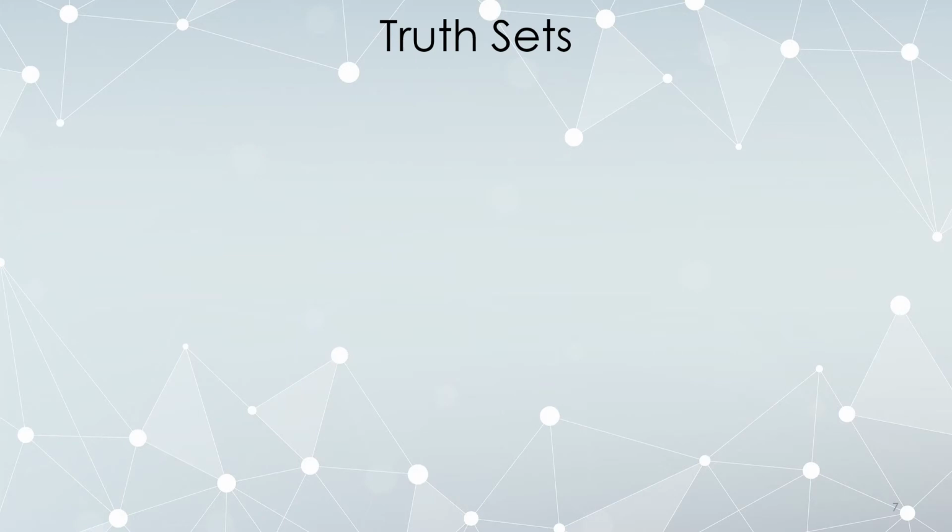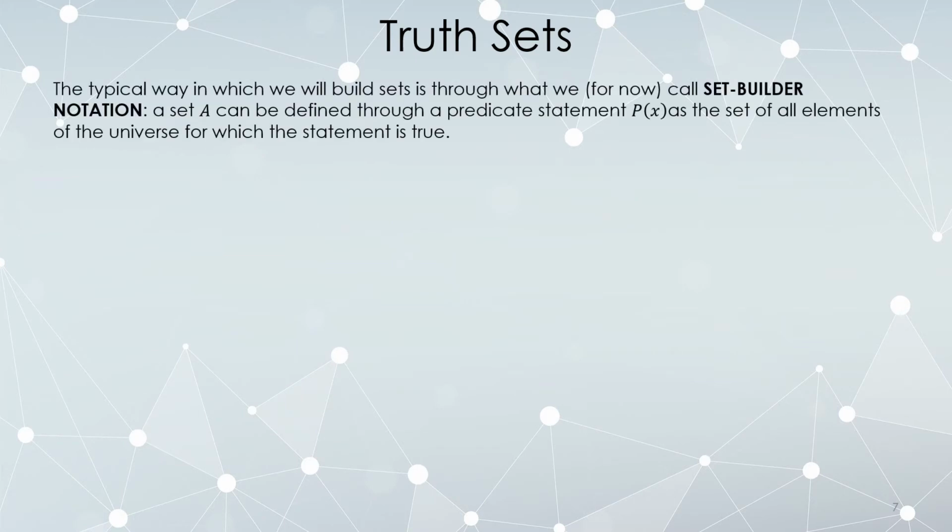Now let's talk about what are called truth sets. The typical way that we're going to be constructing sets is through what, temporarily at least, we're going to call set builder notation. A set can be defined through a predicate statement as the set of all elements in a universe for which the statement is true.